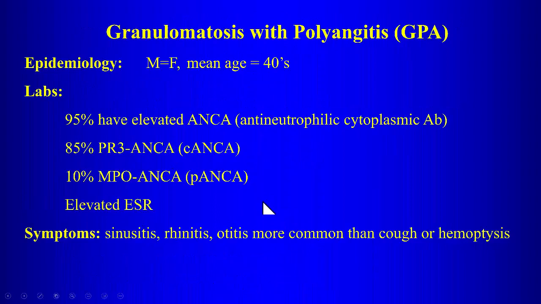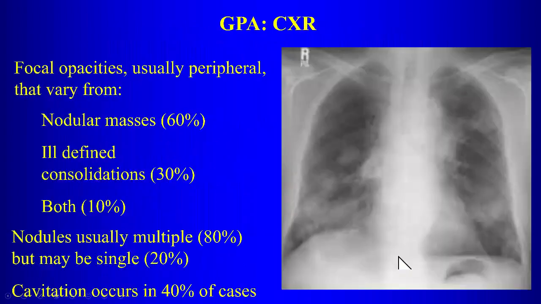Things that help in making the diagnosis are elevated C-ANCA levels, and most of these patients will have elevated C-ANCA levels, and they might have upper respiratory tract symptoms like sinusitis, rhinitis, or cough, or even hemoptysis.